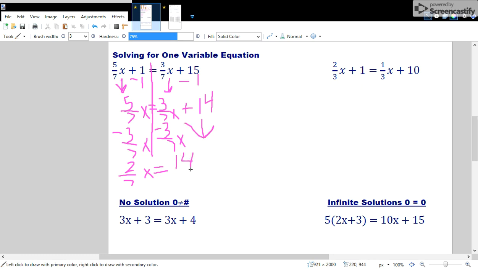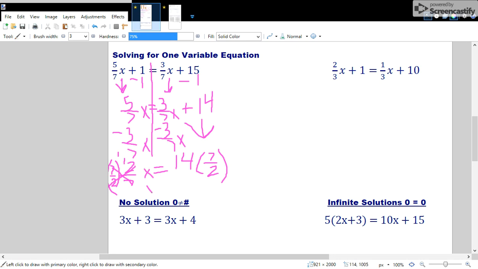There you go. We still want to get x by itself, but it has a coefficient in front, 2 over 7. Well, the opposite of 2 over 7 is 7 over 2. So we just flip the fraction and multiply both sides of the equal sign. 7 divided by 7 is 1. 2 divided by 2 is also 1.